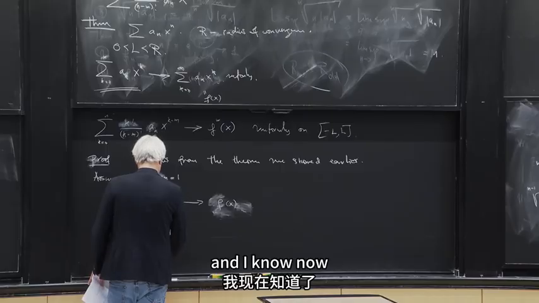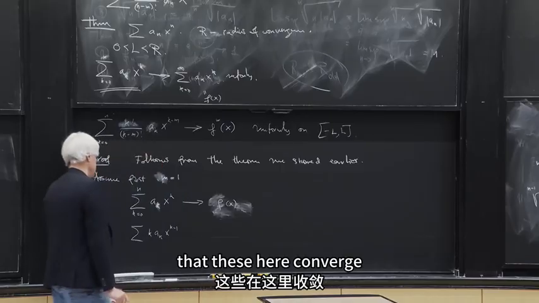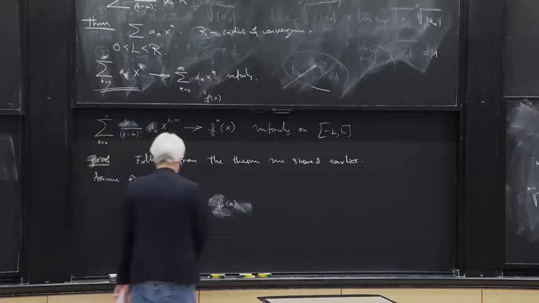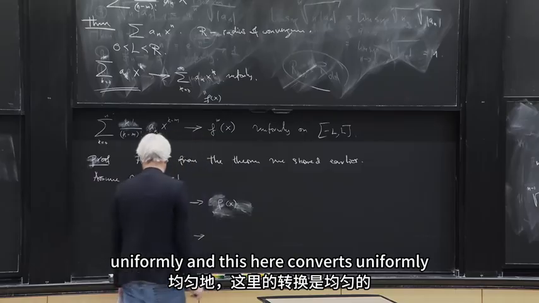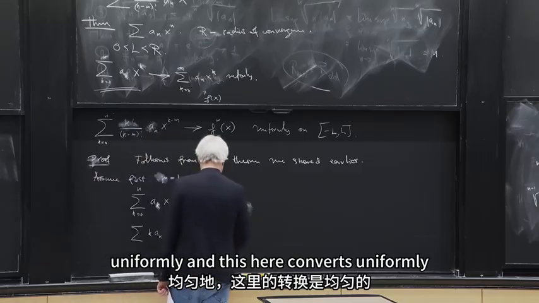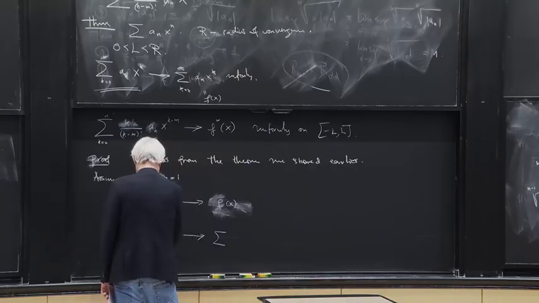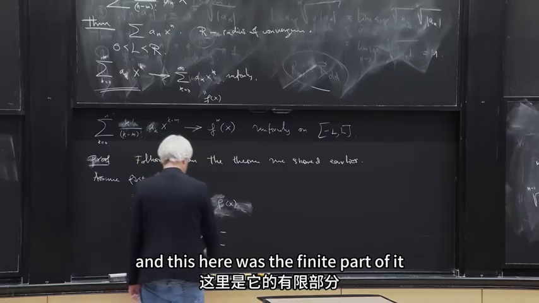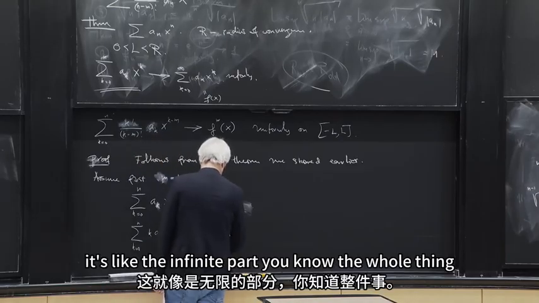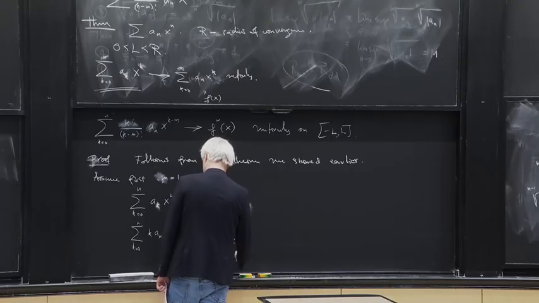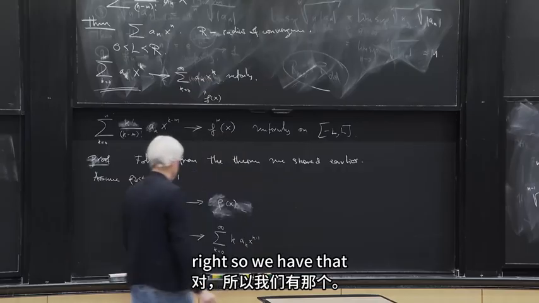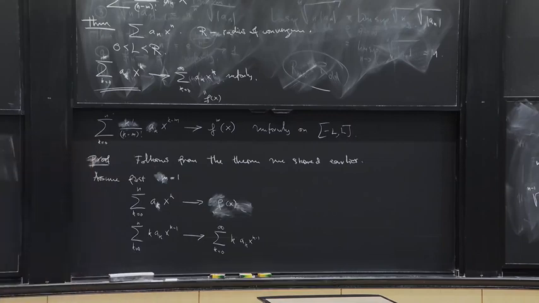And I know now that these here converge uniformly, and these here converge uniformly to the power series, that is this infinite series. Right, this here was the finite part of it, and this here is the infinite part, the whole thing.